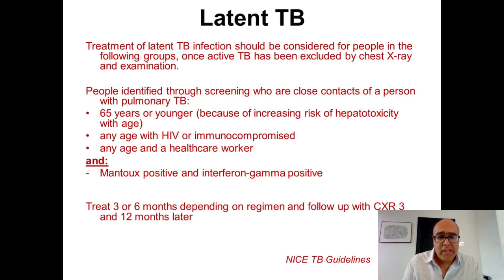That's what we call latent TB, and that's confirmed by that contact with another person, but also there are some objective tests that we can do, including a Mantoux skin test and an interferon gamma blood test, otherwise known as QuantiFERON.